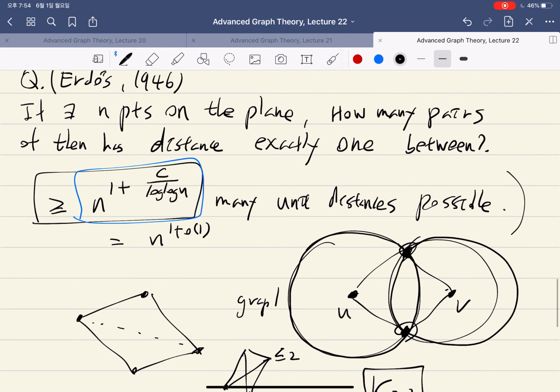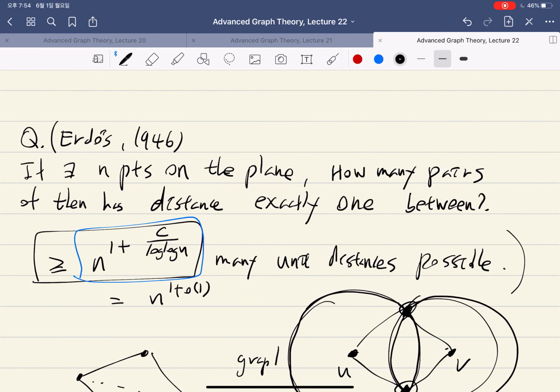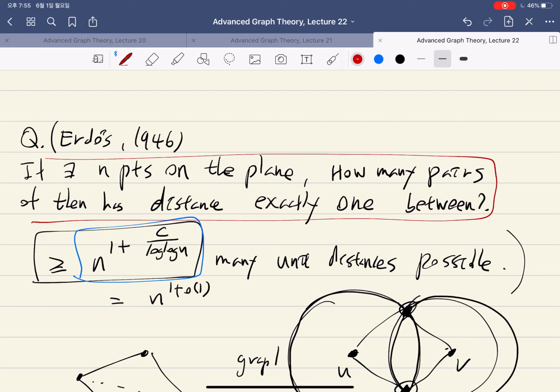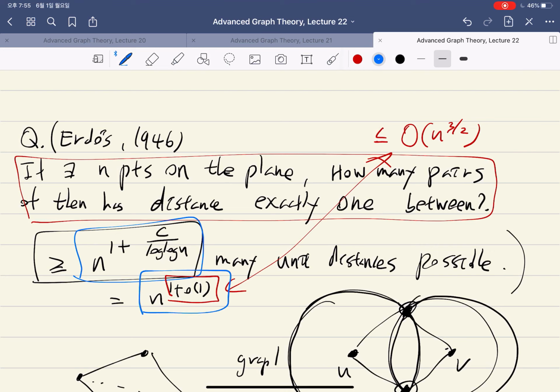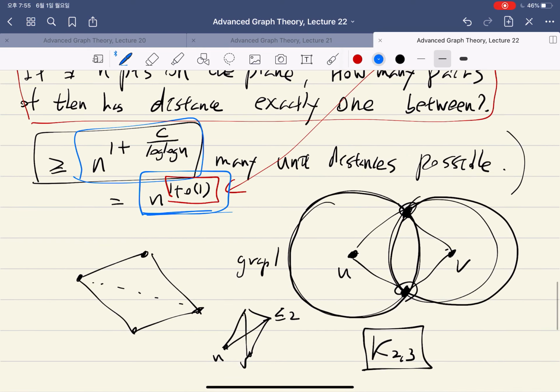So we have an upper bound of some constant times n^1.5, which is a bit far from the lower bound. Erdős's conjecture is that the right number is some function which is very close to n but a bit bigger.